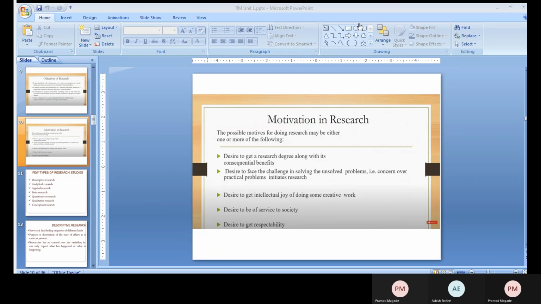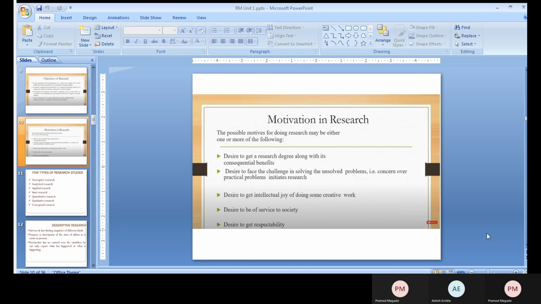They want to do some innovation, some patent in their name in their organization. Such activities they need to perform through research, and of course they will get the benefit directly. Second, desire to face challenges in solving unsolved problems.